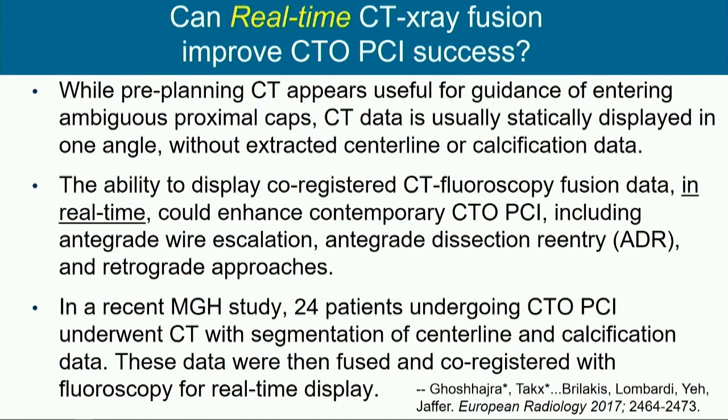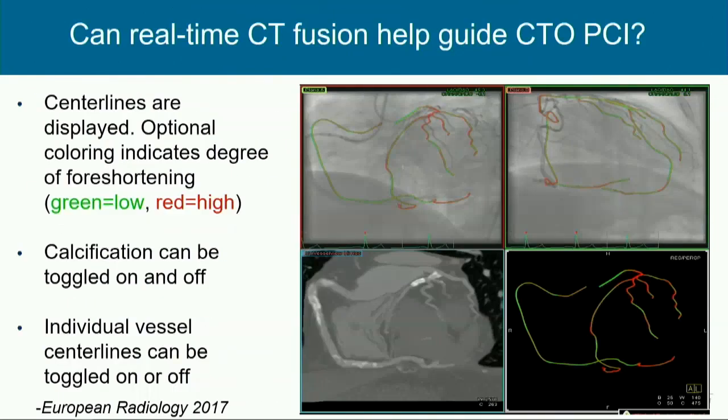It was really a descriptive study, understanding how to use this technology effectively when the center lines are taken out by auto-segmentation, similar to what we might use for TAVR extraction of the aorta on top of X-ray angiography. We could extract the center lines and the calcium, use different color codings to look at foreshortening, and label calciums better. We can turn off individual lines and focus just on our CTO segments.